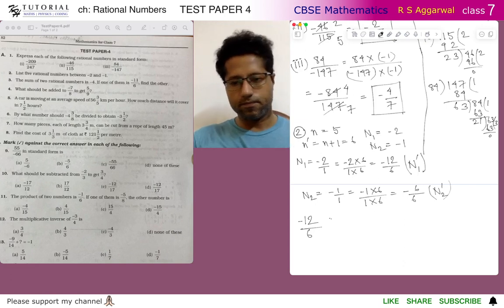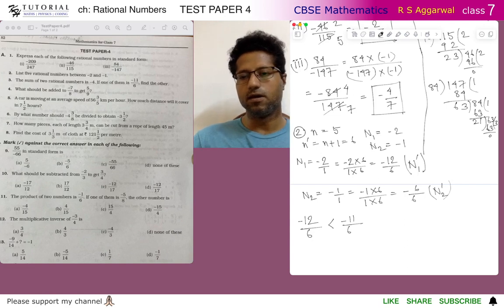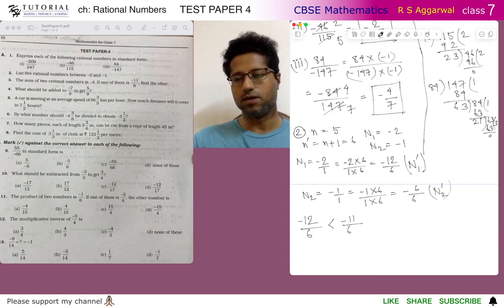The first number: if we add 1 to the numerator we get minus 11. So minus 11 by 6 will be greater than minus 12 by 6. Since we have to find 5 rational numbers between minus 2 and minus 1, definitely they will be greater than minus 2 and less than minus 1.